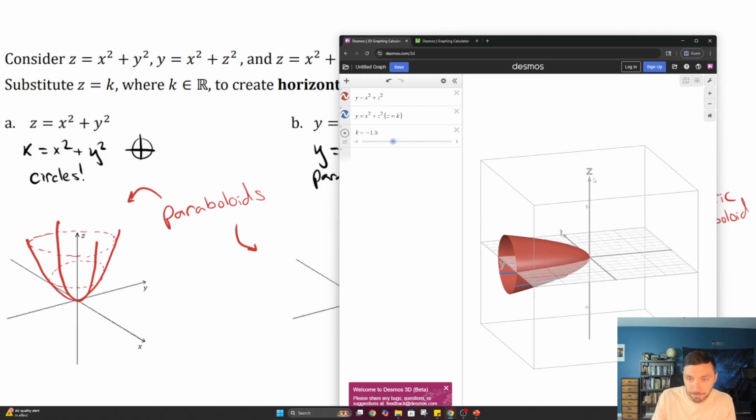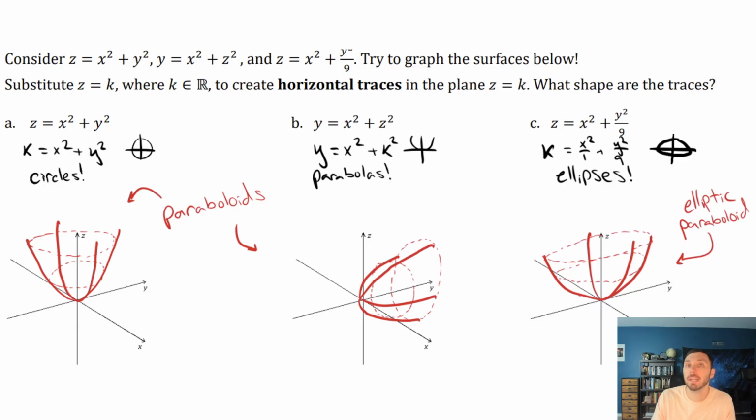Yeah. So it can help you, plugging in 0 for x, plugging in numbers for x, or plugging in numbers for just y, or plugging in numbers for just z. The general premise of that, drawing two-dimensional traces where you fix one of the variables to be a constant, is not a bad idea if you're in a rut and you really need to know what the shape looks like.